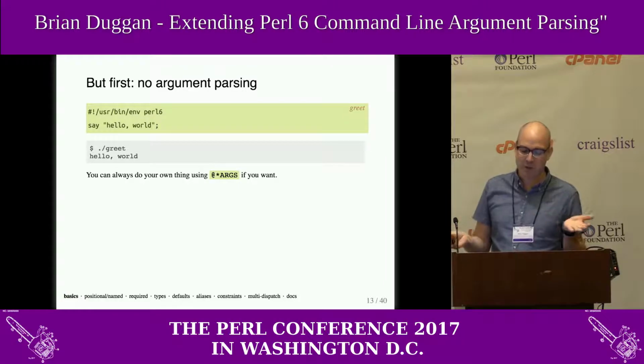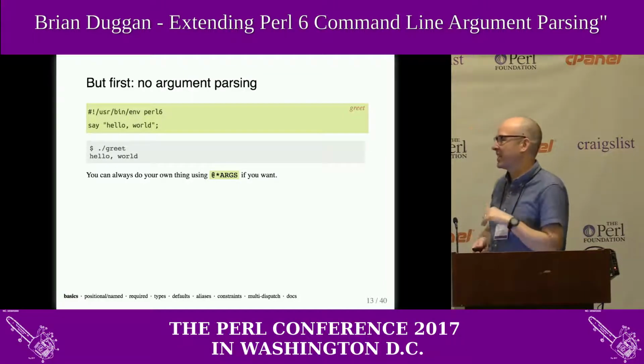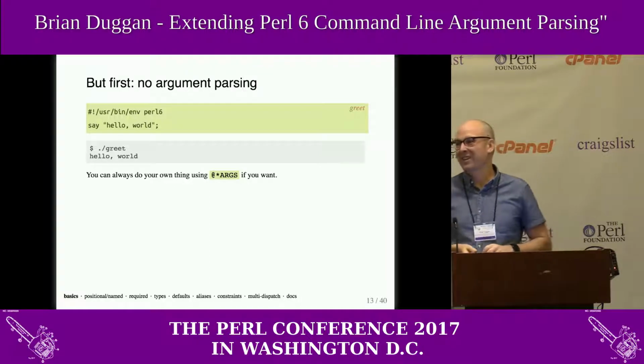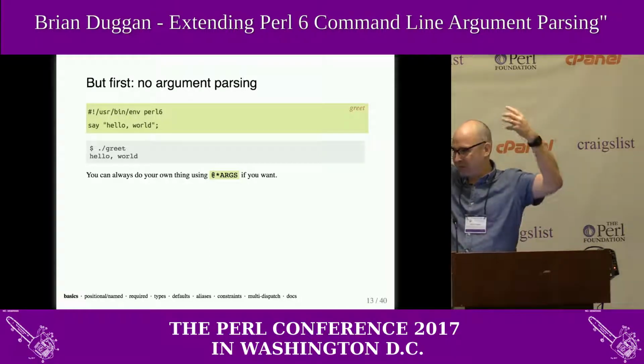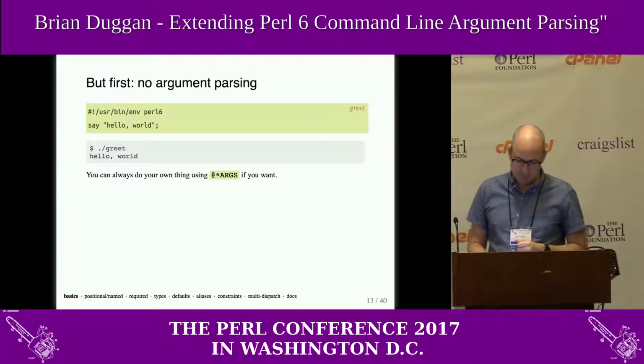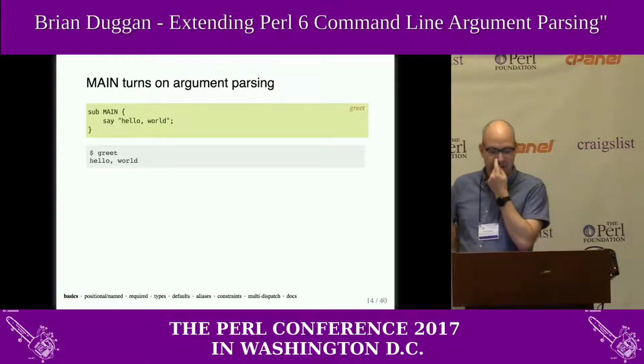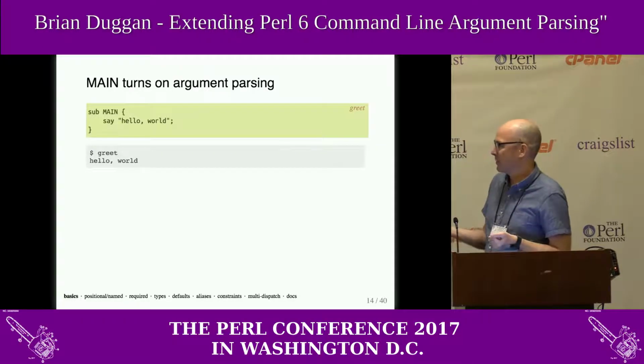Okay, so first of all, with no argument parsing, you can always use this dynamic array @*args, which has the stuff that came in split on white space, and you can parse it however you want to. But as soon as you make a subroutine called main, then instantly you get argument parsing.